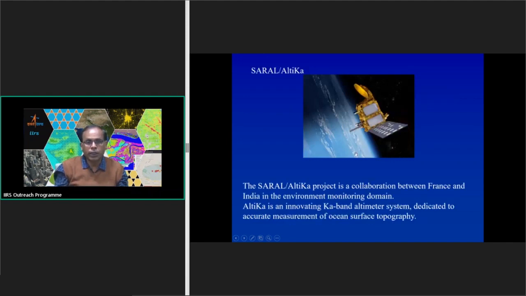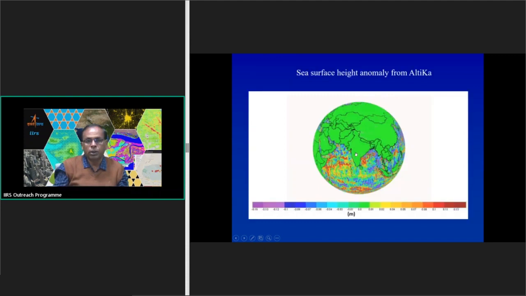And coming to SARAL AltiKa, it is a project collaboration between France and India for oceanic measurements. AltiKa is an innovative Ka-band altimeter system dedicated to accurate measurement of ocean topography. So it is also called coastal altimetry.